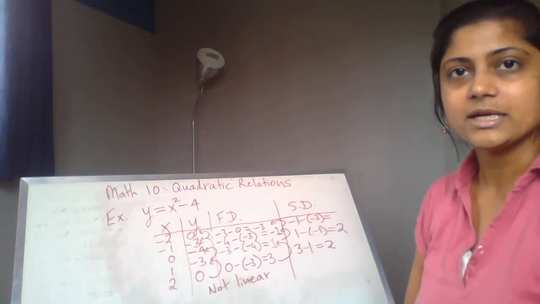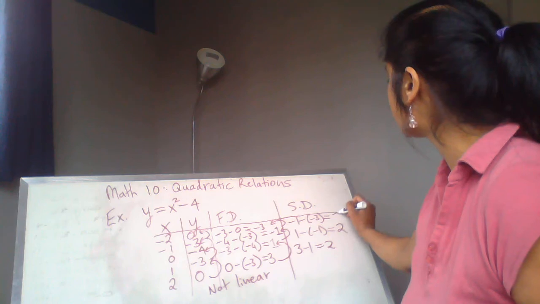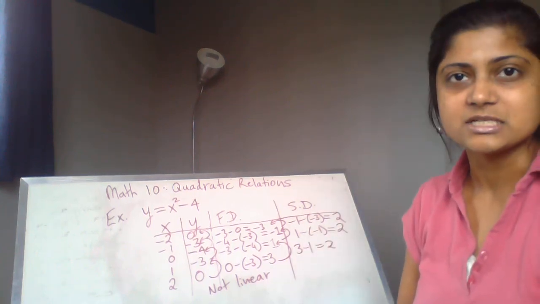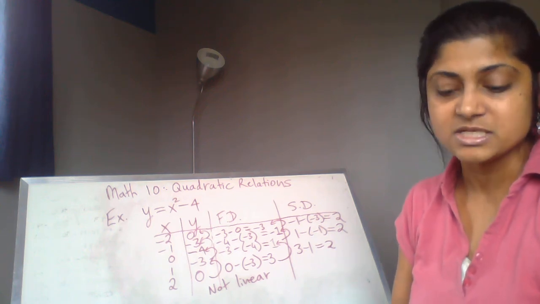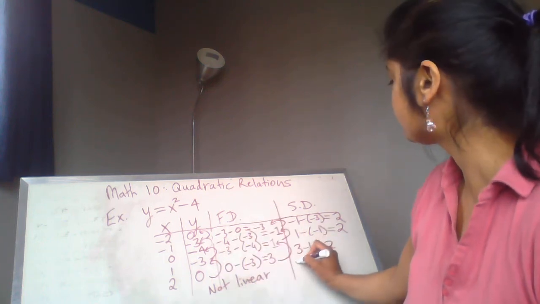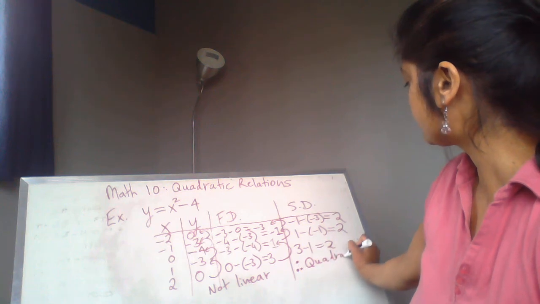So again, this is -1 plus 3, so this is +2. So what you notice here is all of the second differences are the same, and when you see this, this is basically telling you that this is a quadratic relation. So I'm going to put therefore, this is a quadratic.